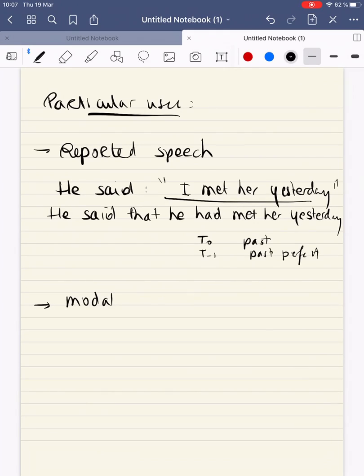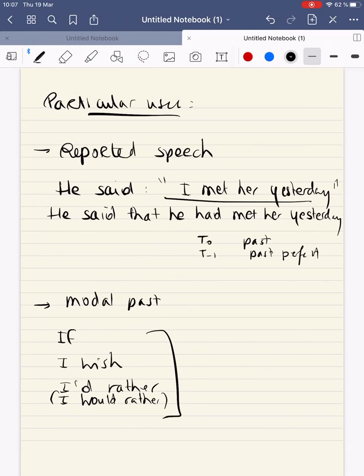Something students do not like most of the time is the modal past. I don't know how to call it, modal past or unreal past. Something that we have discussed already when you use if or I wish or I'd rather, which, let me remind you, is I would rather, I would prefer.